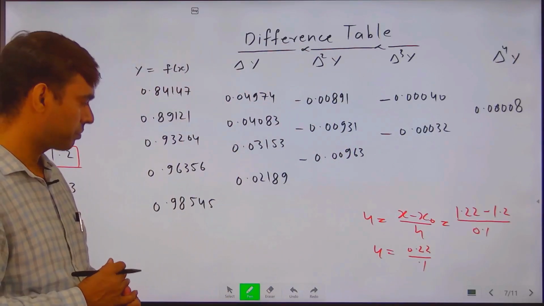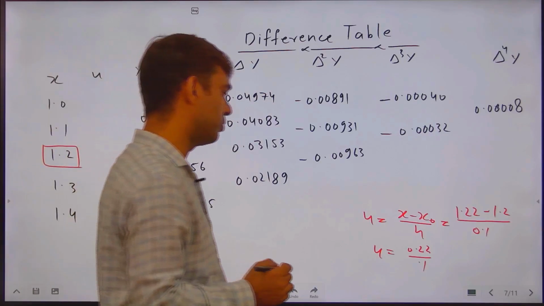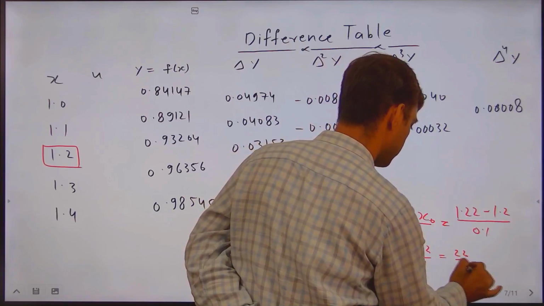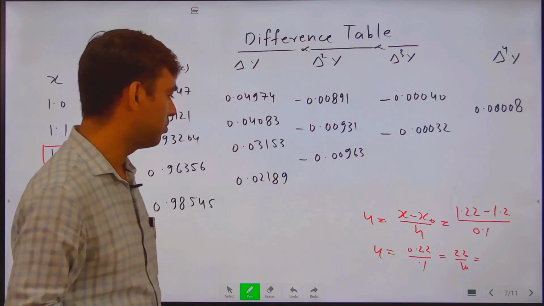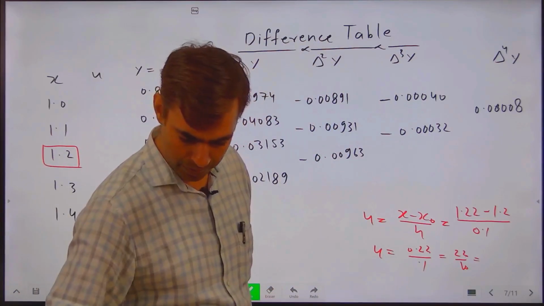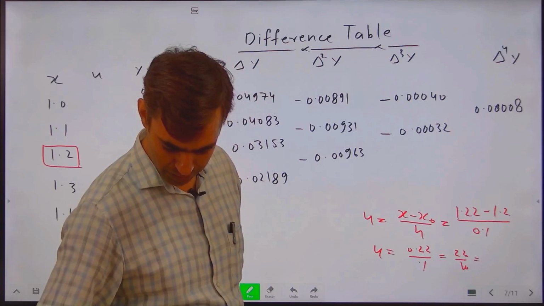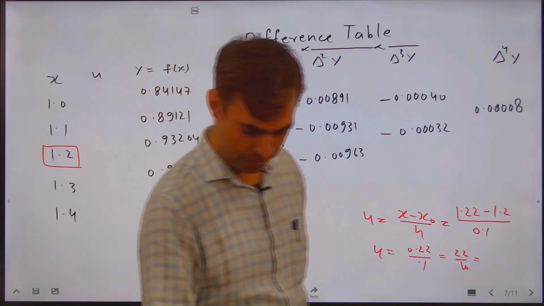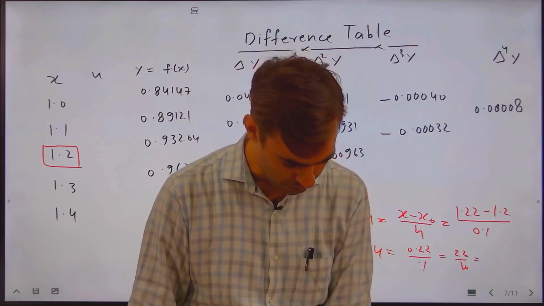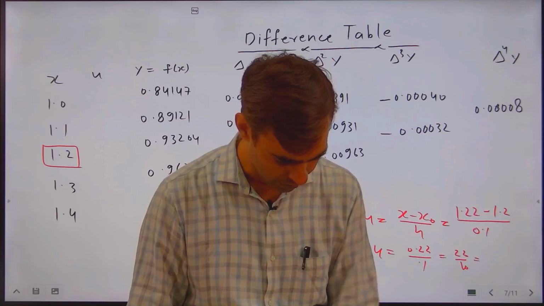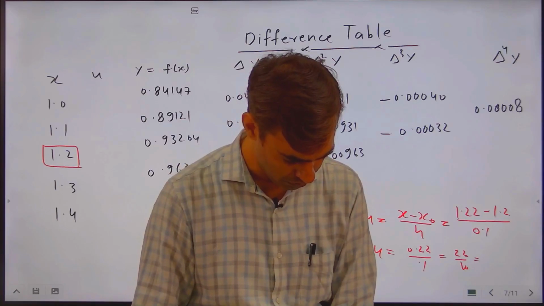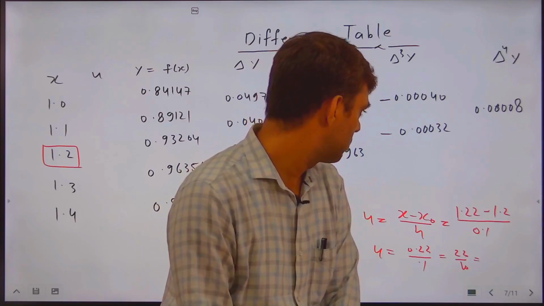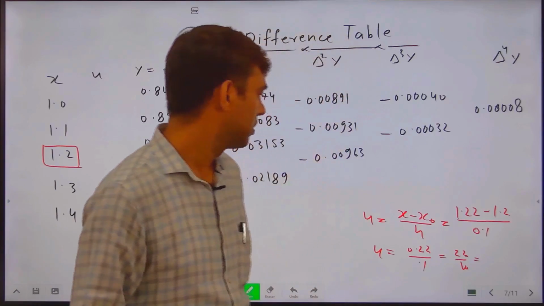Sorry, 0.02 divided by 0.1, so the value of u is 0.2.